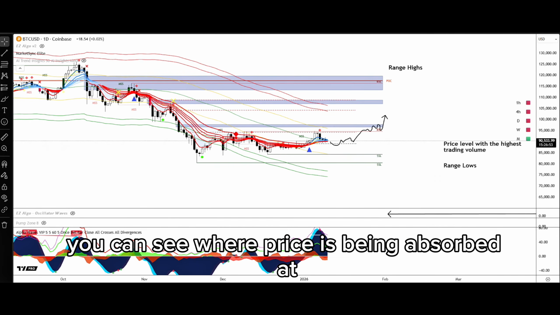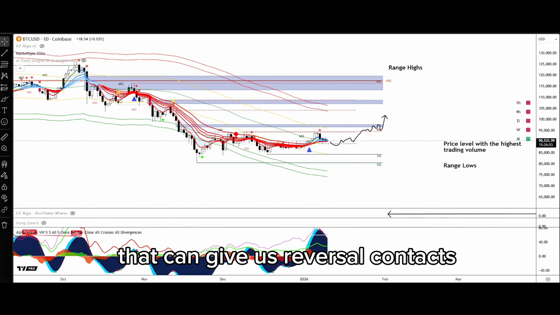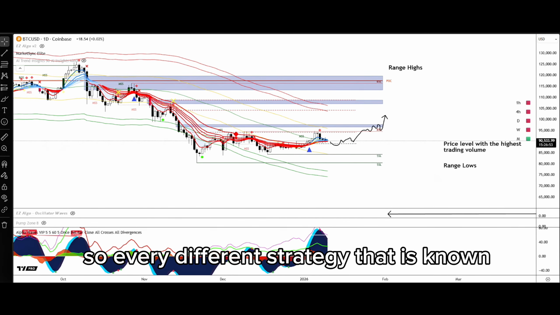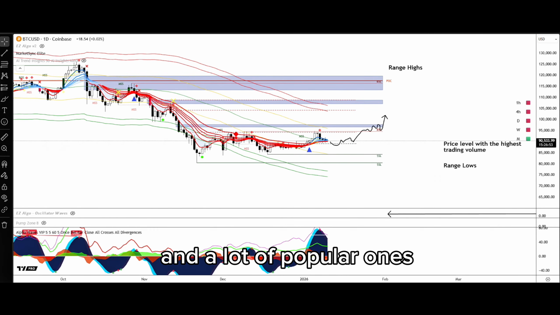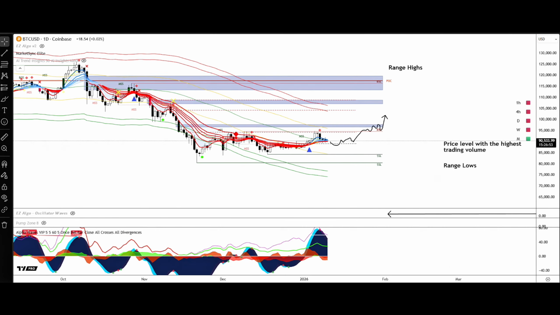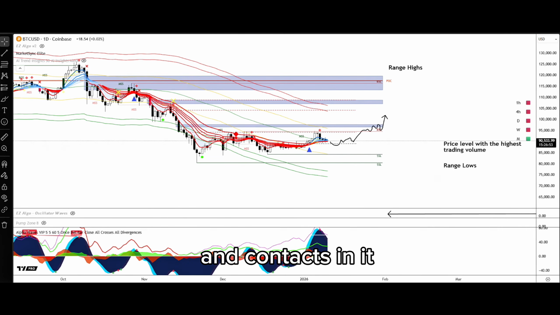And you can see where price is being absorbed, whether it buys or sells, and that can give us reversal contexts, multi-signal dashboards. So every different strategy that is known, and a lot of popular ones that are just rebranded and used all the time by others, it's all in one script for you guys to use, so you can have added confluence and context in it.